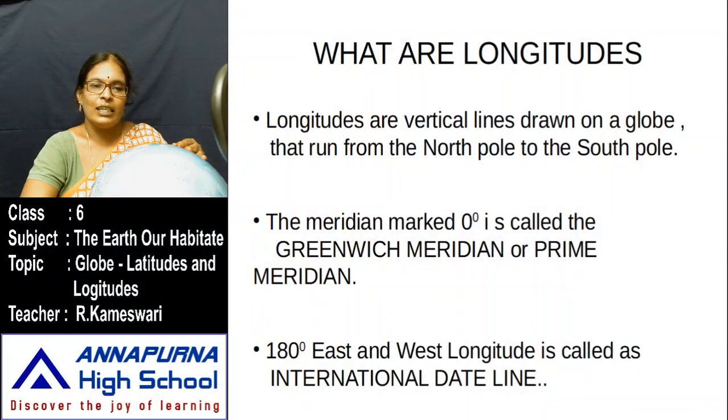If you cross the international dateline at 180 degrees east longitude, you add 1 day. If you come back across that 180 degrees longitude, you go back 1 day. So that is the importance of 180 degrees east and west longitude.